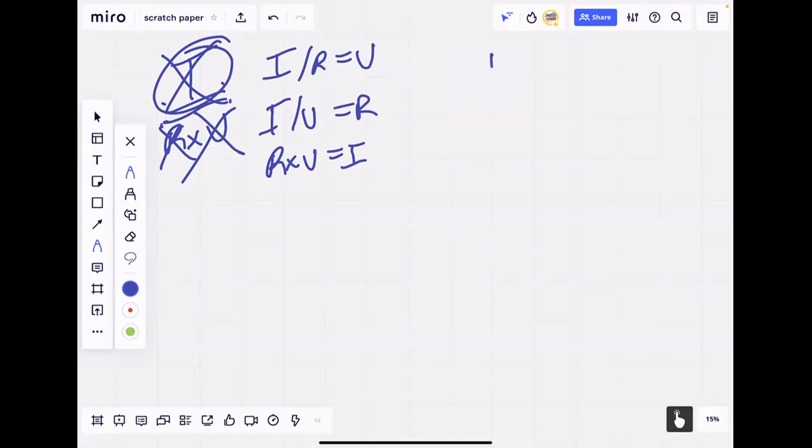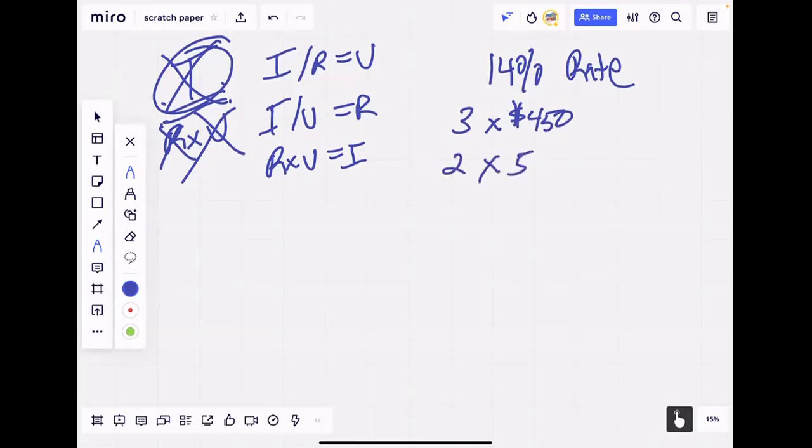So we know that Mike wanted a 14% cap rate, right? We know this as far as the rent. We have 3 units at $450. We have 2 units at $550.